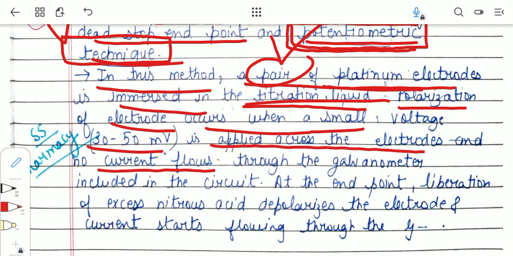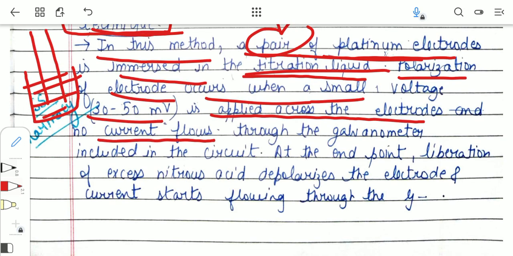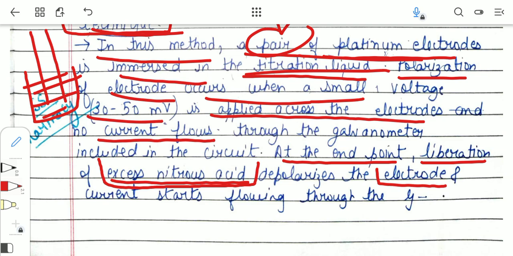When we dip the pair of platinum electrodes in the solution, the electrodes become polarized, which means that no current will flow. We have also connected this to a galvanometer, and from that we can see that no current is flowing at a very low voltage. Now at the endpoint there is liberation of excess nitrous acid, and because of this excess nitrous acid the electrodes become depolarized.